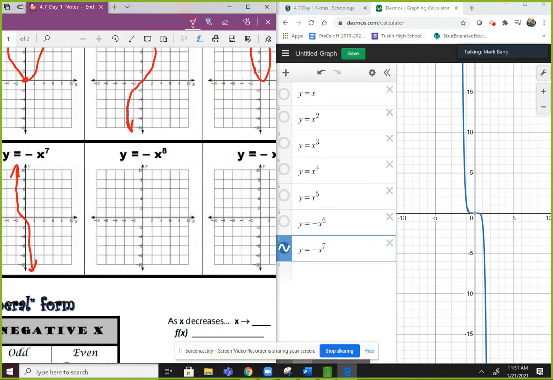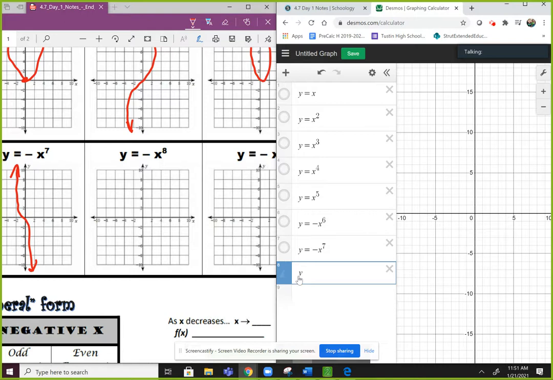Any predictions as to what the negative x to the 8 is going to look like? I'll let you guys think about it. Well, if you were thinking another upside down parabola, you were correct, okay?